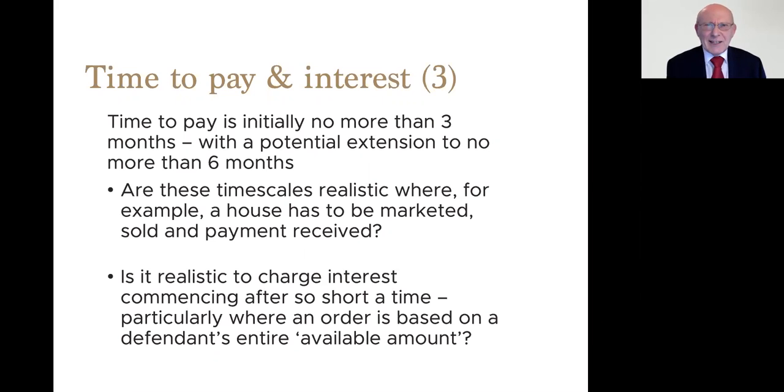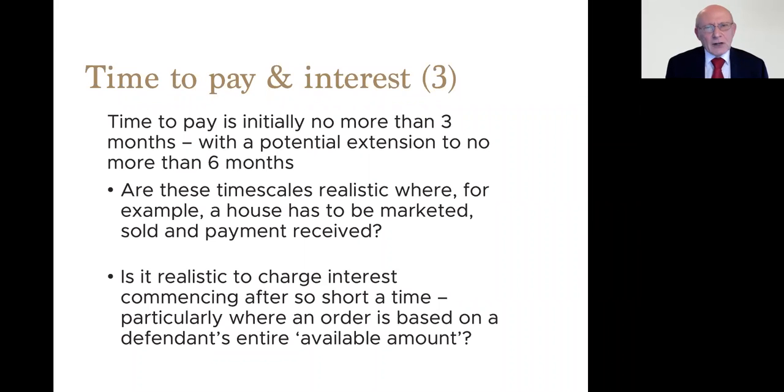But kind of by definition, we've already said the confiscation order is in an amount which financially wipes him out. So how has he got any possibility of actually paying that interest? So is it realistic here to start charging interest after 3 months or after 6 months?